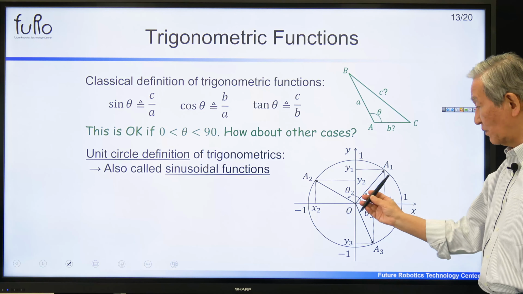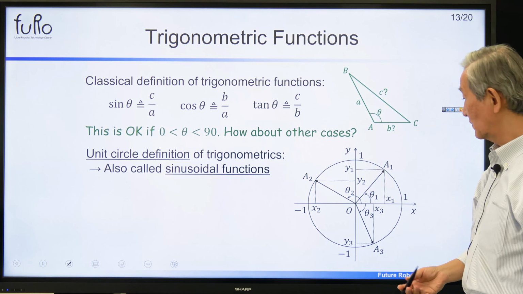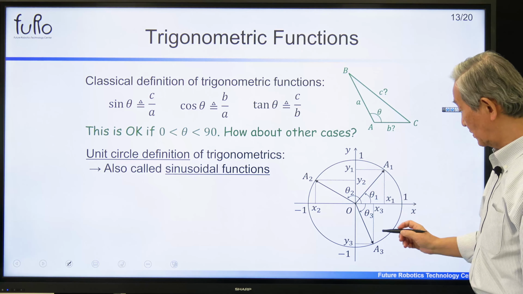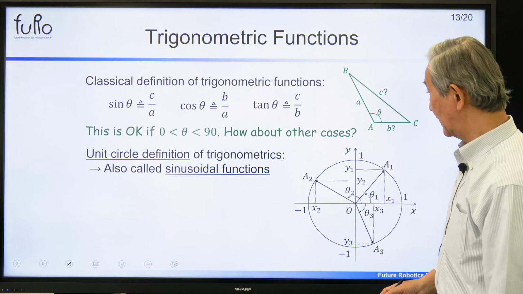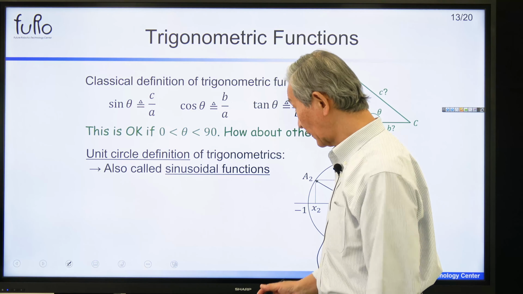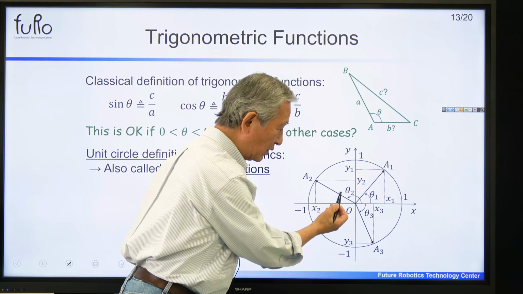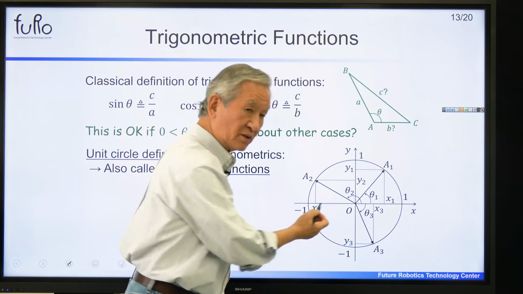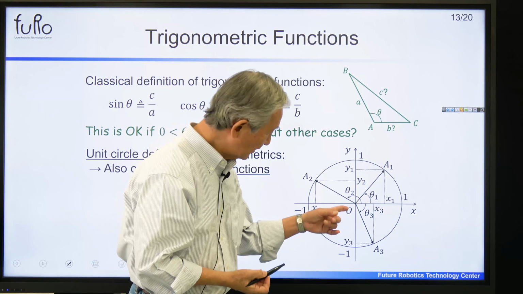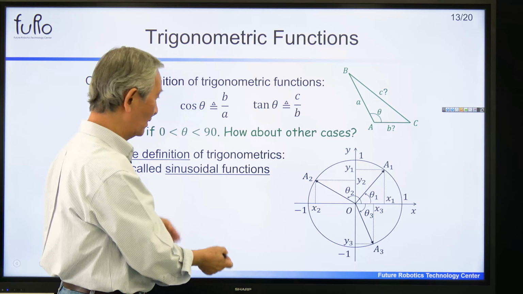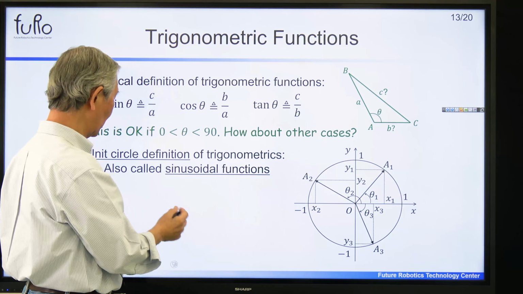Unit circle, so the radius is equal to 1. This is theta 1, that's theta 2, that's theta 3. This one here, you can use for any angle. This theta 2 is greater than 90 degrees. Theta 3 is negative. But it doesn't matter. We can use that.